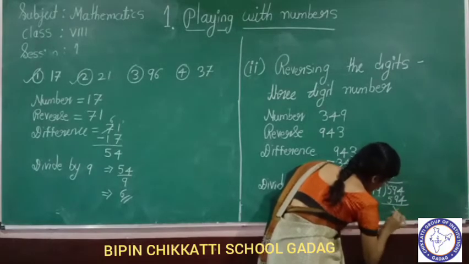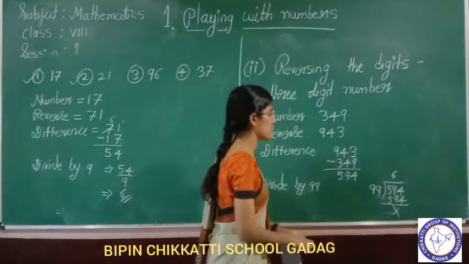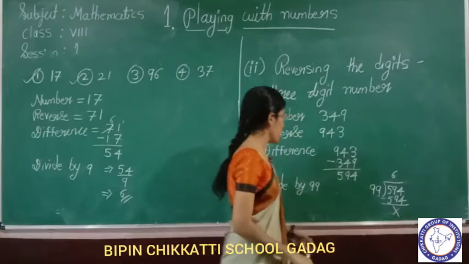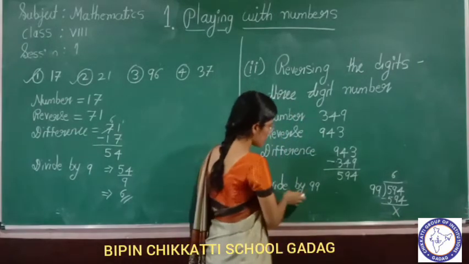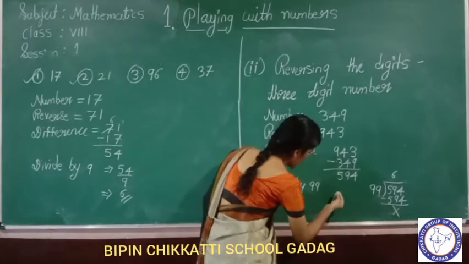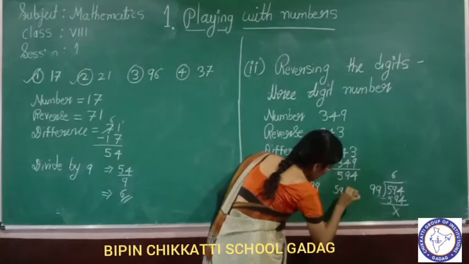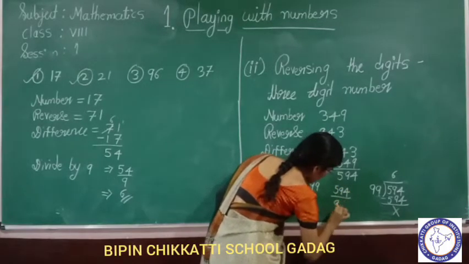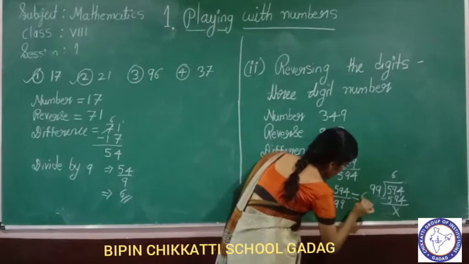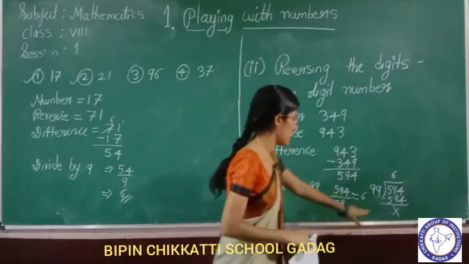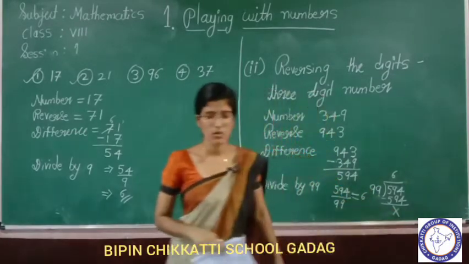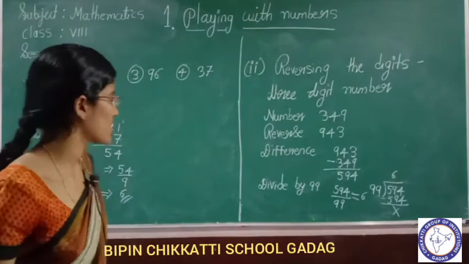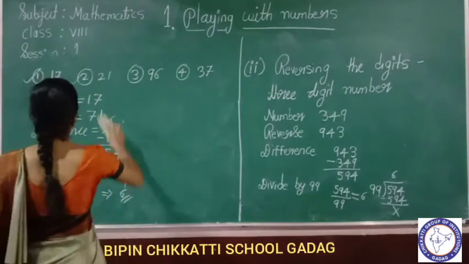It will come to 0 remainder. Yes or no? Now see here, when we divide by 99, we got the answer 6. Here also the remainder is 0. What is the trick behind this? Again the same procedure we have to follow.